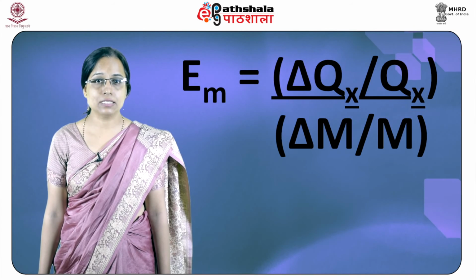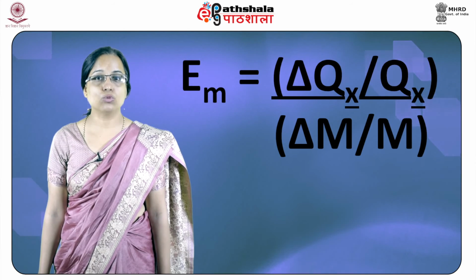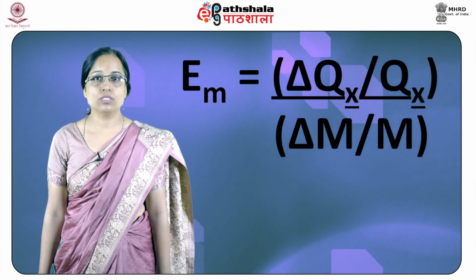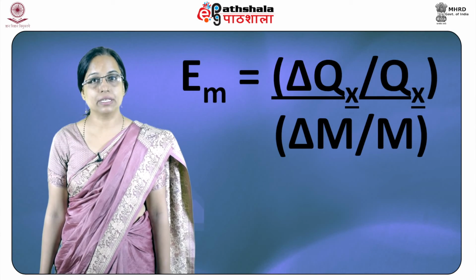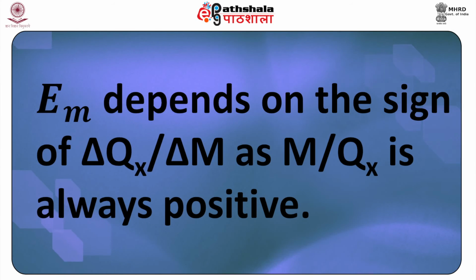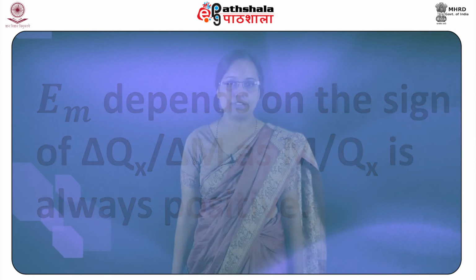Mathematically, income elasticity is equal to the change in quantity of X, delta Qx, divided by the change in income, delta M, multiplied by the original income divided by the original quantity. Note that the sign of income elasticity of demand depends on the sign of delta Qx by delta M, as M by Qx is always positive.